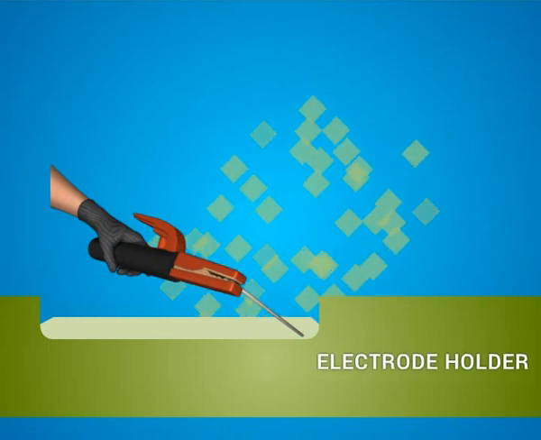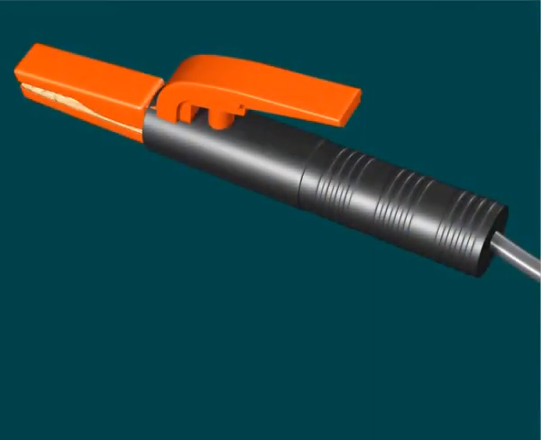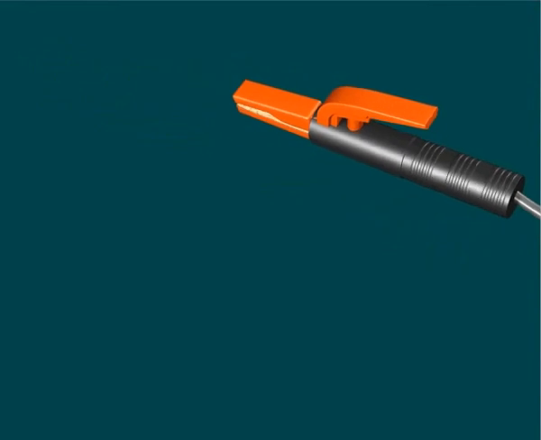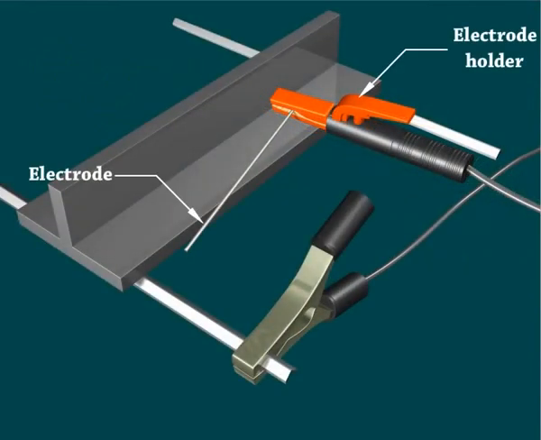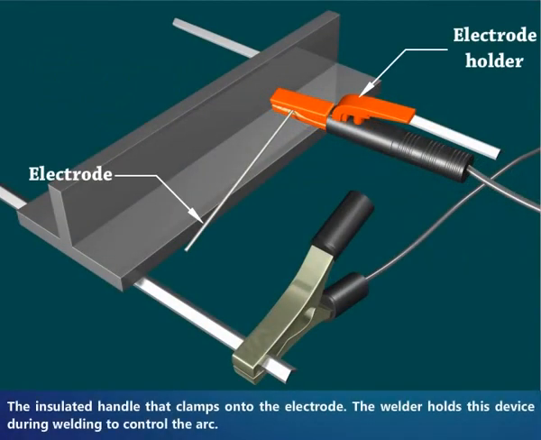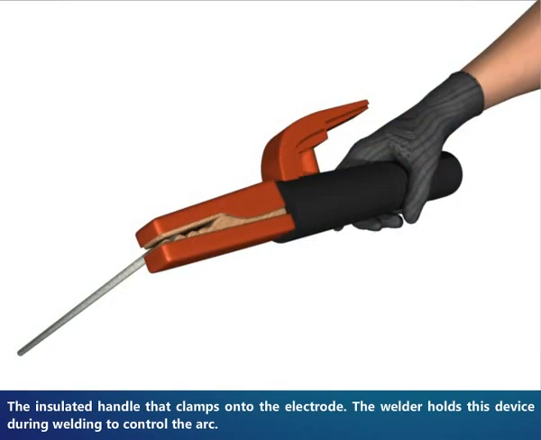Electrode holder. Let us see the use of electrode holder in arc welding. The insulated handle clamps onto the electrode. The welder holds this device during welding to control the arc. We will see the use of earth clamp in the next video.